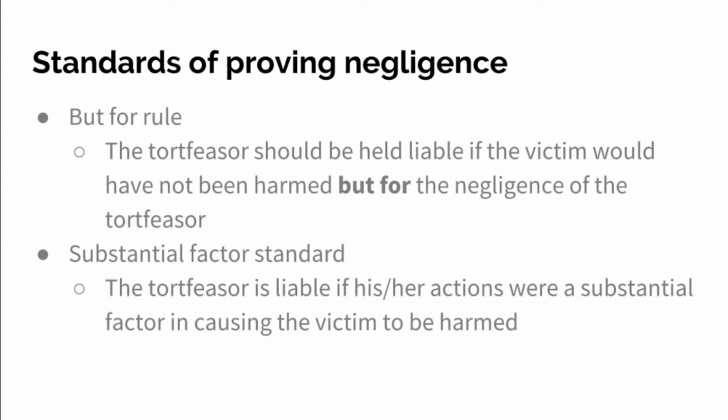That basically means if the victim would have been harmed in another way, that it was not just the tortfeasor who harmed them, then the tortfeasor is not responsible for the harm that occurred to the victim. For instance, if an individual has a heart attack and dies 1 second before a distracted driver runs them over, then the distracted driver is not liable because that individual would have died anyway.